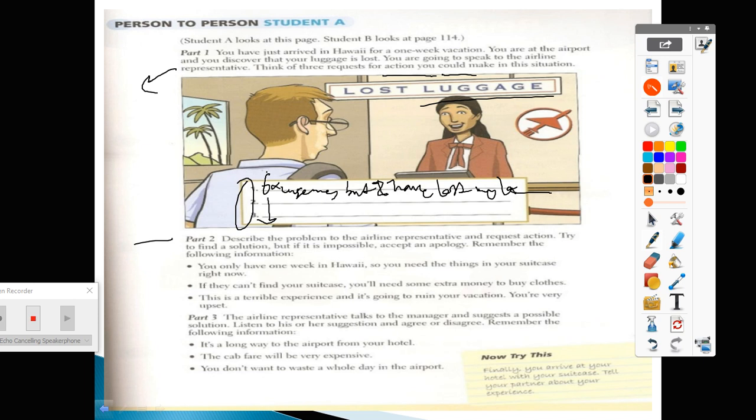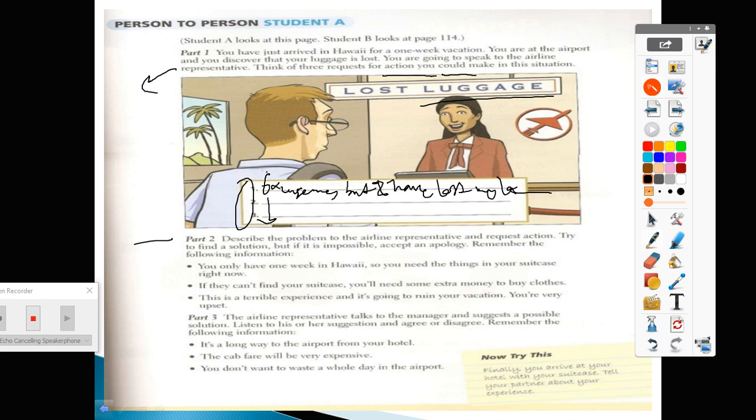Remember the following information. You only have 1 week in Hawaii, so you need the things in your suitcase right now. I have just 1 week in Hawaii, and I have lost my luggage. I don't want to lose my 1 week vacation. So please help me. If you can help her, you can assist him or her: okay, we will call the persons in charge, and we will get your luggage back to you.